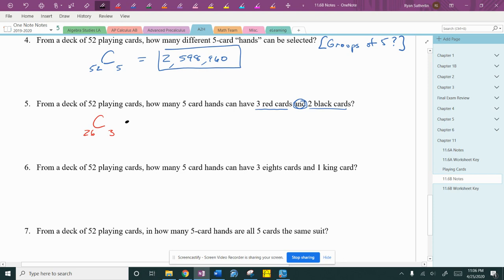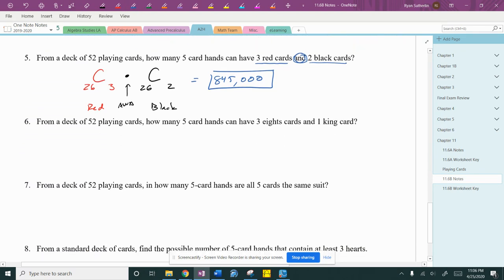And then that means obviously there are 26 black cards as well. And out of those 26 black cards, we want 2 of those. So this is the combination that's representing the red cards. These are the combinations that are representing the black cards. And this is our keyword "and." And if we're to multiply that out, that comes out to be 845,000 different hands. We'll have 3 reds and 2 black cards.